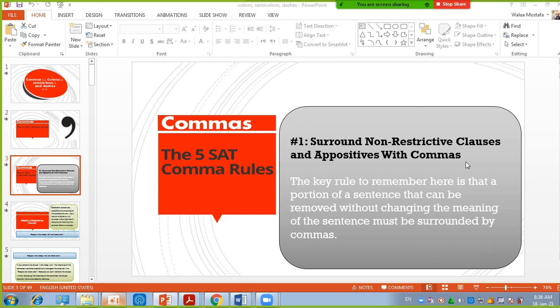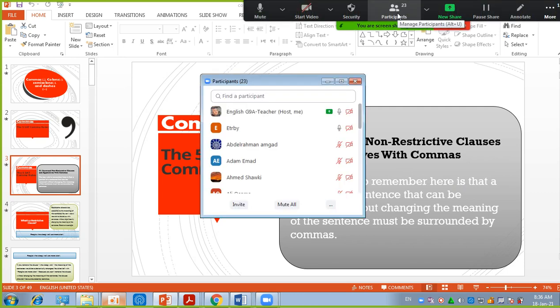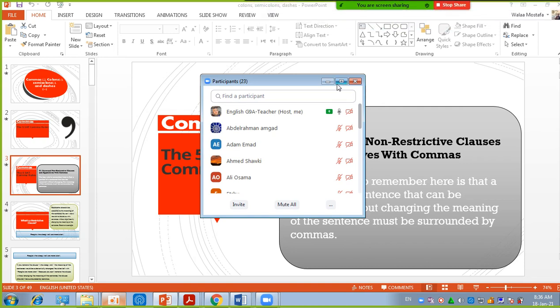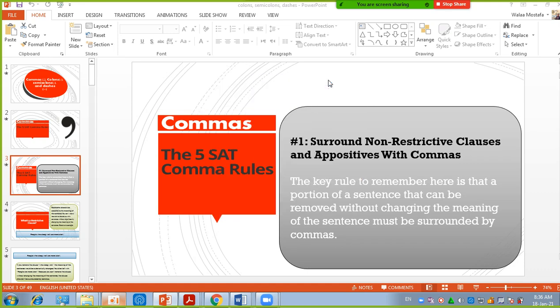I just joined. Okay, but that is something that we have studied yesterday. How can I know that the clause is non-essential or non-restrictive? I don't know. Okay, Abdurrahman, Amgad, can you answer? How do I know that the clause is non-restrictive? So I have to surround it with two commas. Do I know where to put it? No. How can I know that this clause is non-restrictive or unessential?